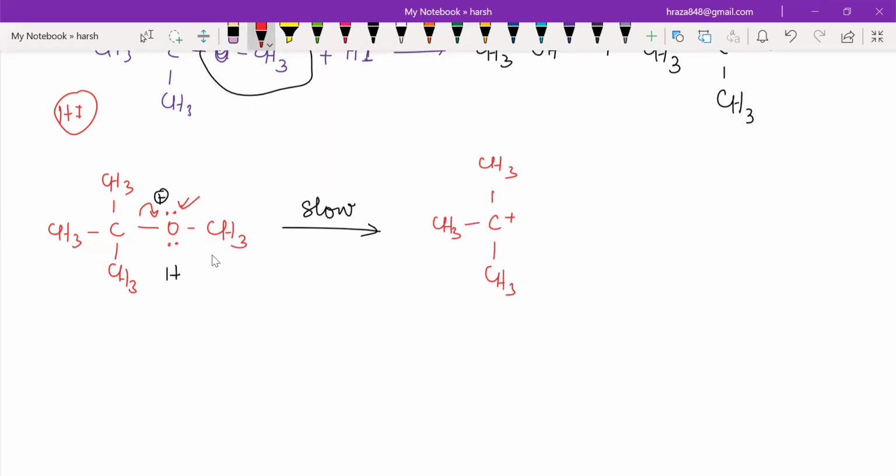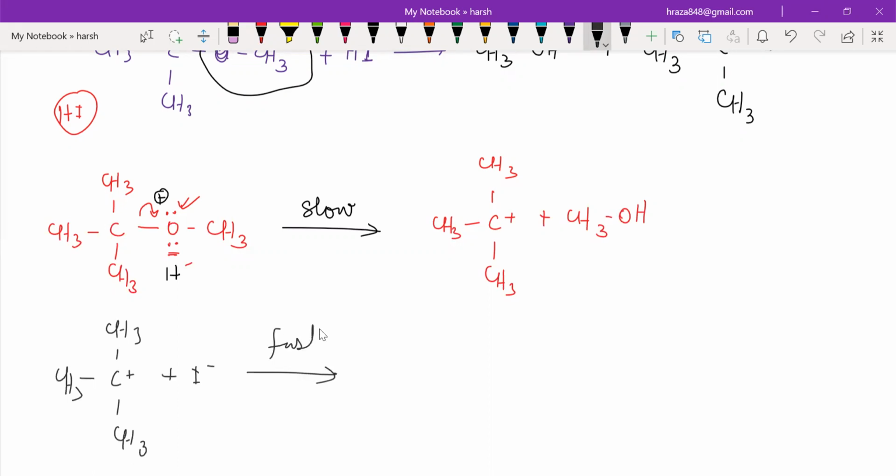This CH3, oxygen will go with this CH3 and hydrogen, and it will be CH3OH. Now, since this carbocation is left, it will react with this I minus from HI, and now it will form CH3 C I, CH3.